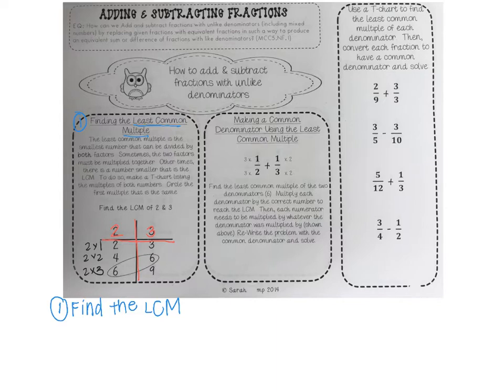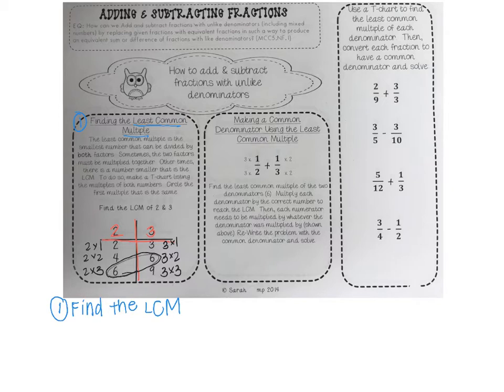They did the same thing for 3: 3 times 1 equals 3, 3 times 2 equals 6, and 3 times 3 equals 9. And when they listed out all those multiples, they found that they had 6 in common. So now we can move on to step 2.